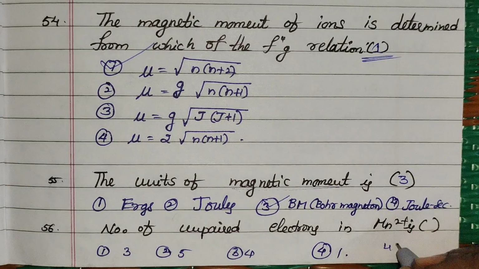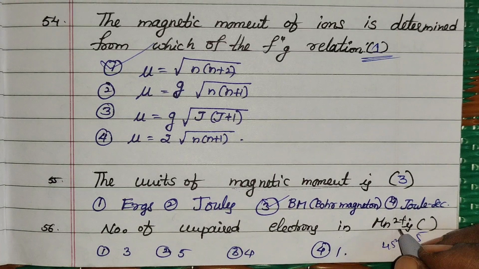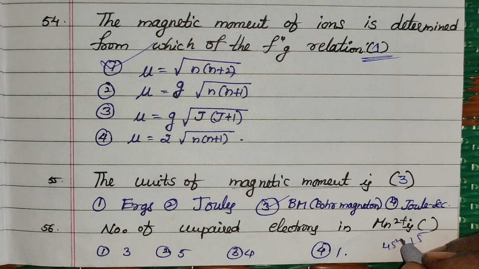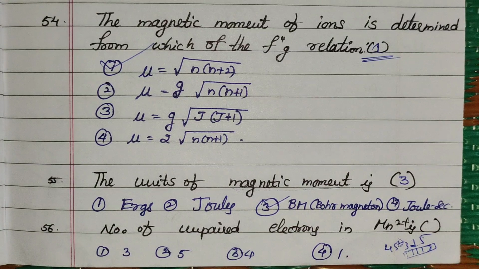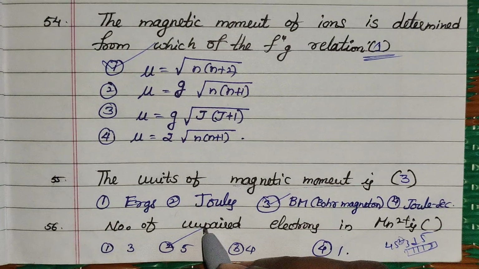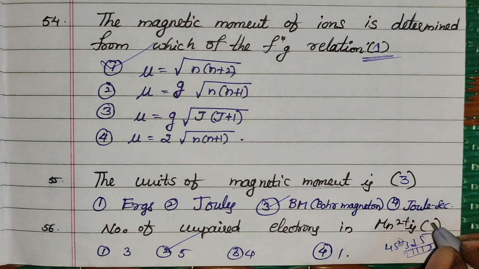For normal manganese it is 4s2 3d5, but it loses two electrons, so the 4s electrons become 0. Then only d5 remains, with all single electrons, five unpaired electrons. That is why option number 2 is right: the number of unpaired electrons in Mn2+ is 5.